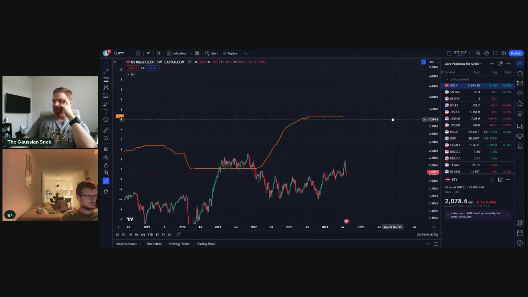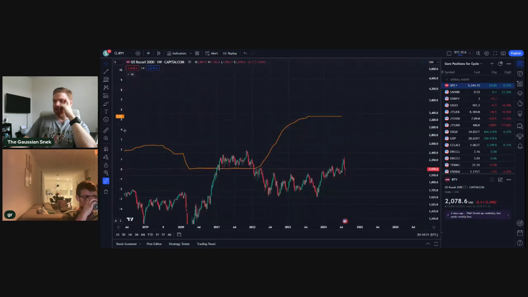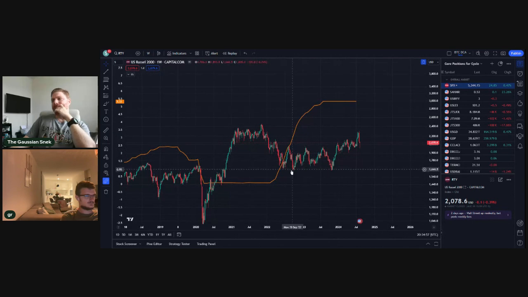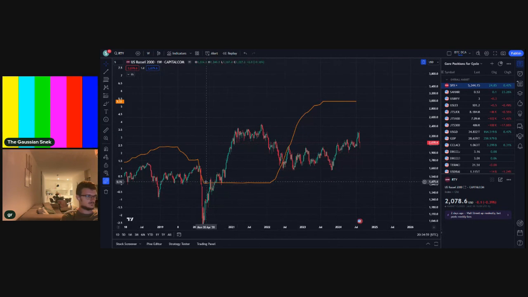But see if I can expand this. Yeah, I don't know. So the Russell 2000 from March of 2020 rallied very hard while rates were flat, which makes sense, right? Because people, well, let me put my camera back on.